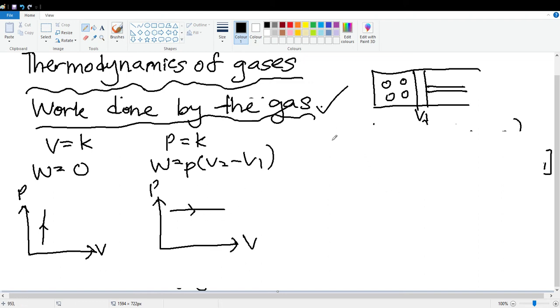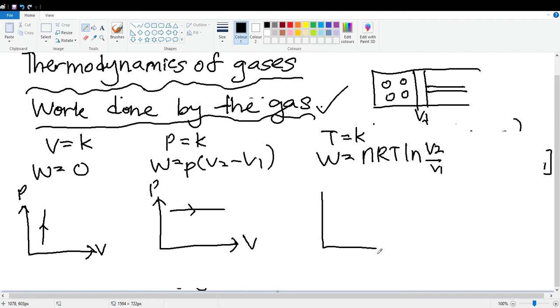As for the constant temperature, the work done by the gas is actually nRT ln V2 over V1. For the graph, we have two types of graph for this process, in which both the pressure and volume vary. For the first one, it's actually the curve.